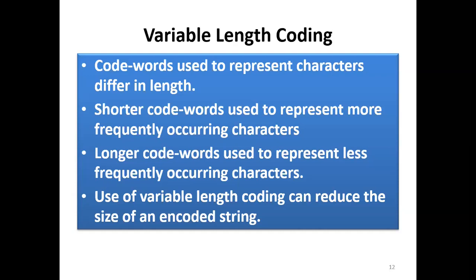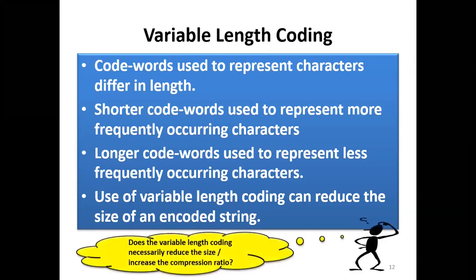We can have a look at an example of how this can be achieved. As the question says, does variable length coding necessarily reduce the size or increase the compression ratio? From what you're going to see in subsequent slides, you will be able to answer this question.